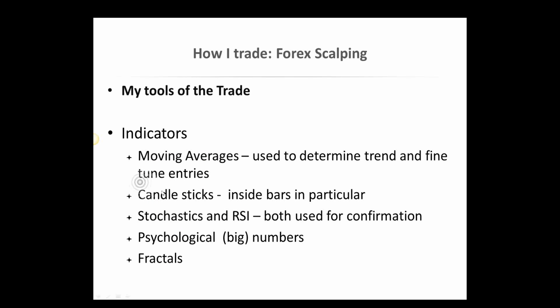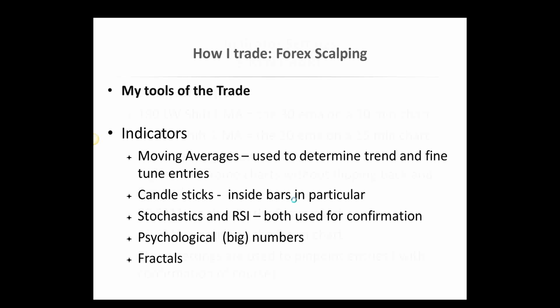The indicators I use are the moving averages to determine the trend and fine-tune my entries, candlesticks and inside bars in particular, stochastics and RSI, both used just for confirmation, psychological numbers, big numbers, and fractals. Those are the key tools that I use in my trading.